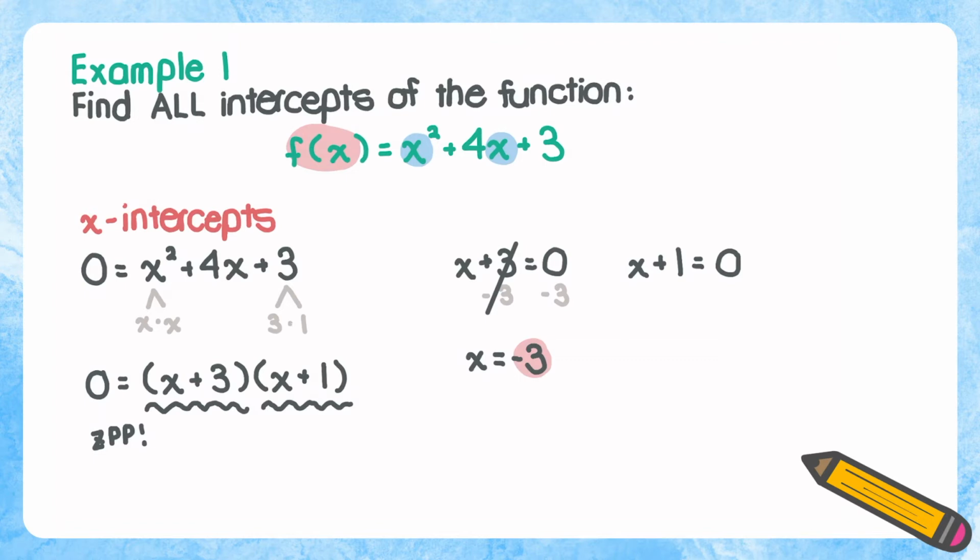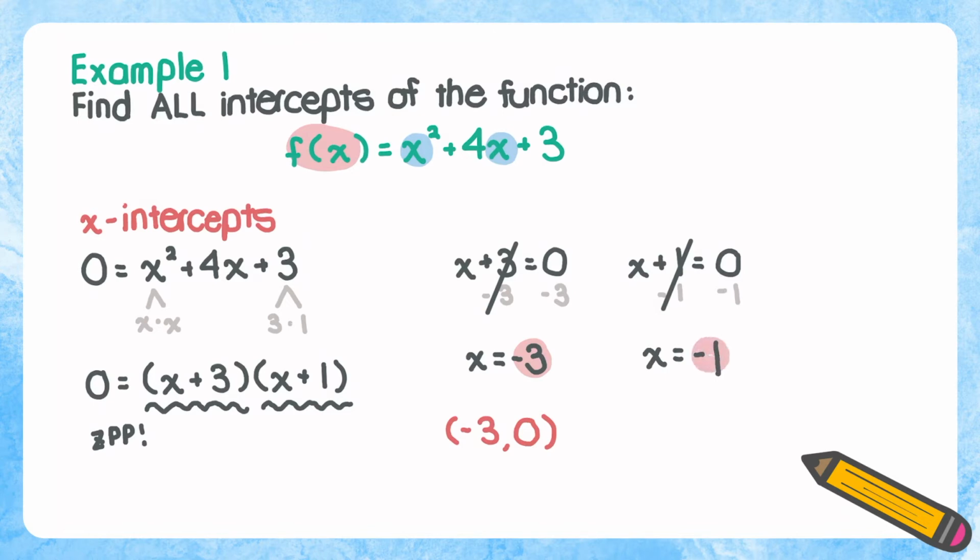So we set y equal to 0. We found that x equals -3. So one of our x-intercepts is at (-3, 0). But we have another one. For this second option, I subtract 1 on both sides. This cancels out. I'm left with x equals -1.